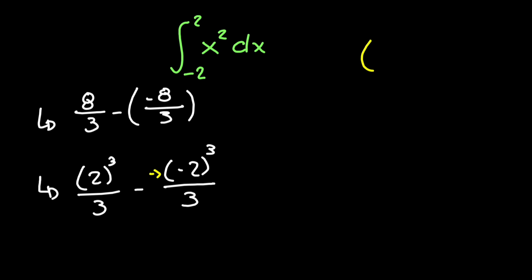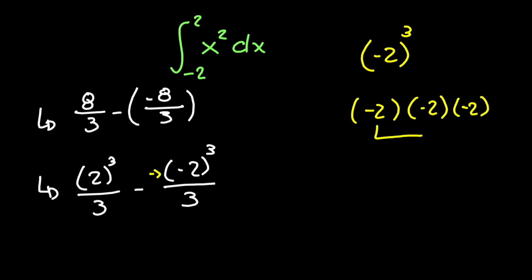Note that for negative 2 to the power of 3, whenever this is in the parentheses, you must multiply all of it by itself. So this is equal to negative 2 multiplied by negative 2 multiplied by negative 2. Negative 2 multiplied by negative 2 would be positive 4, and multiply this by negative 2. It would be equal to negative 8.